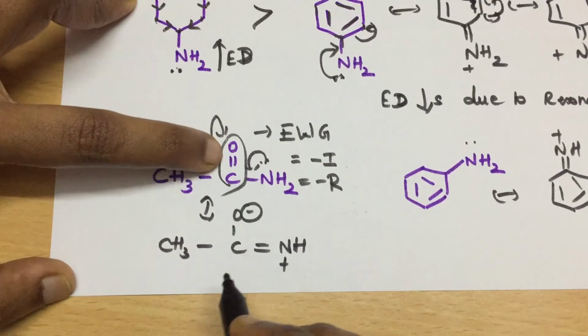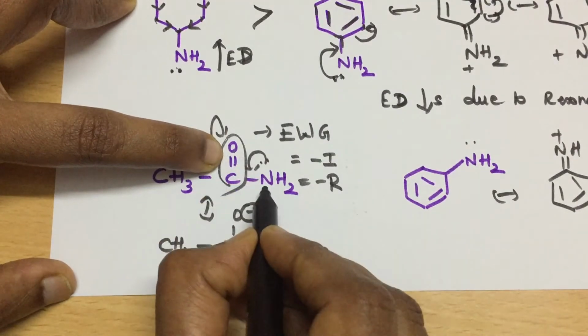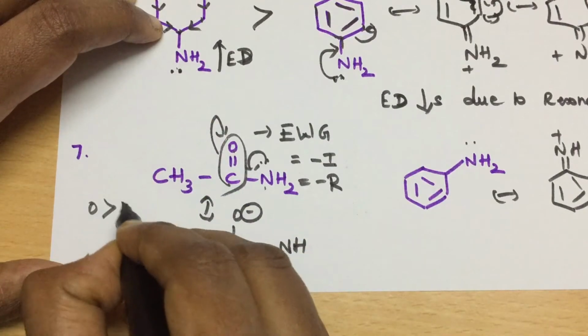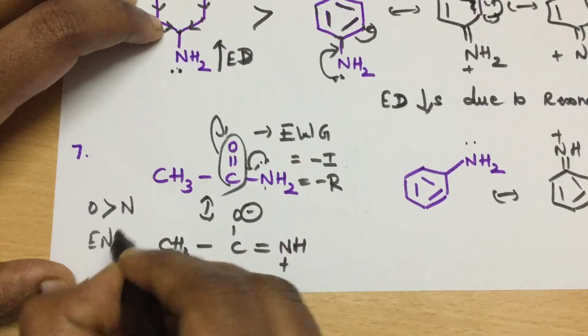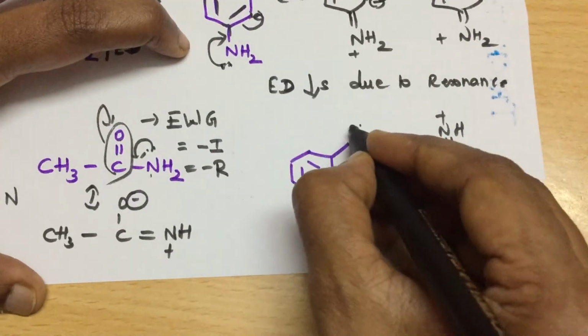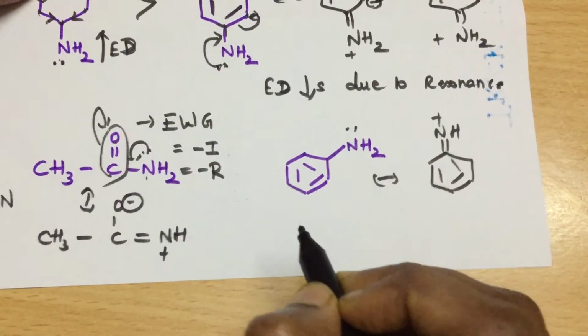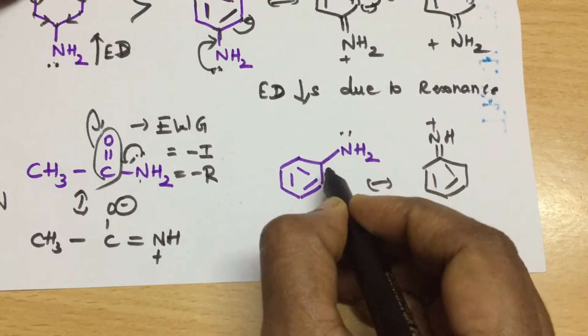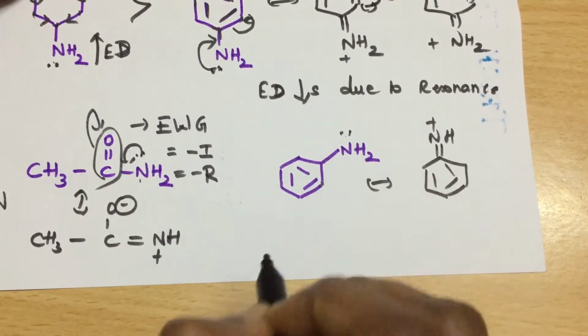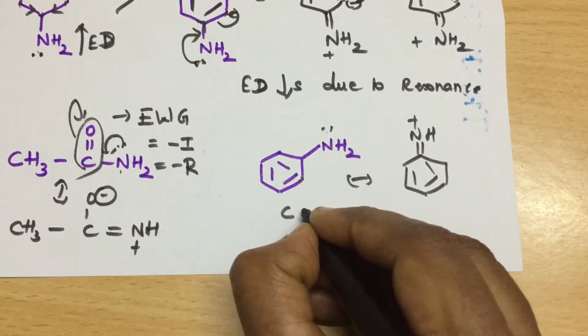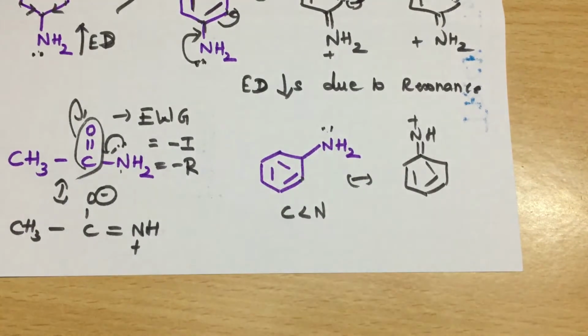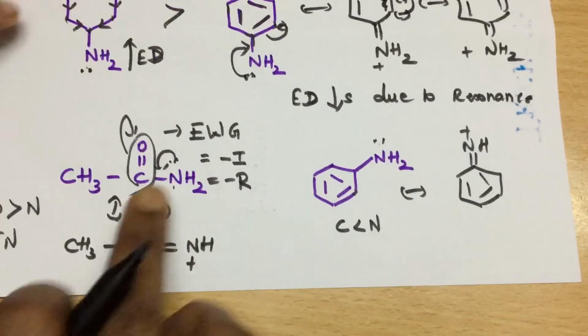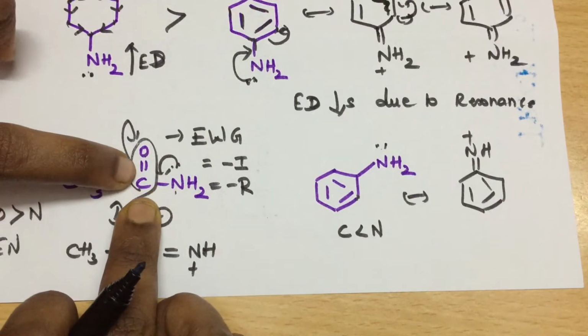Okay, and also the oxygen is more electronegative than nitrogen. And here the thing is different. It is also involved in resonance, but it has given the electrons to the carbon, which is less electronegative than nitrogen. See the difference? Here it is directly attached to an electron withdrawing group.